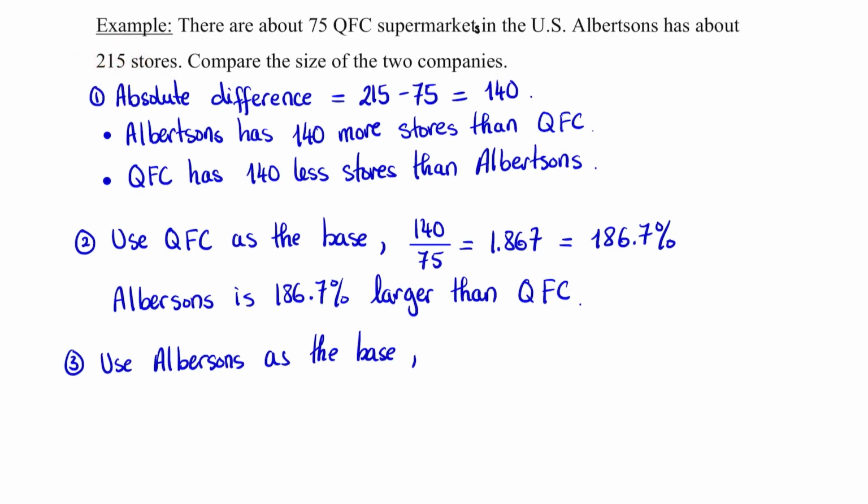So when I use Albertsons as the base, I'll take 140 divided by 215, which is 0.651, which is 65.1%. So QFC is 65.1% smaller than Albertsons.